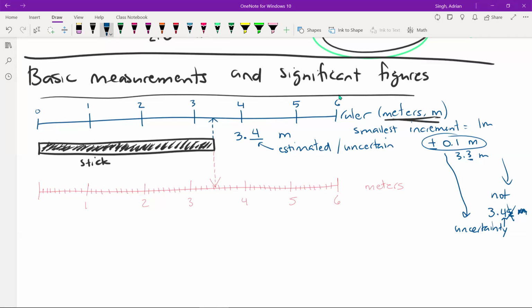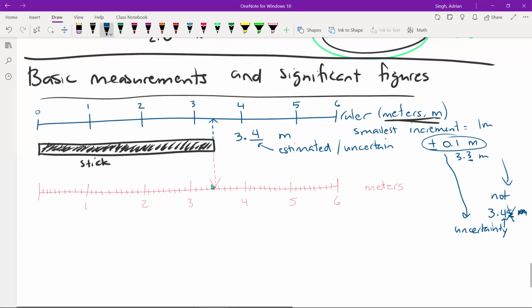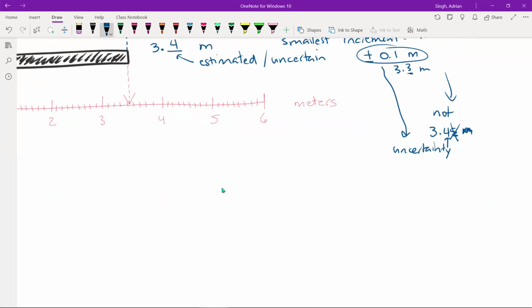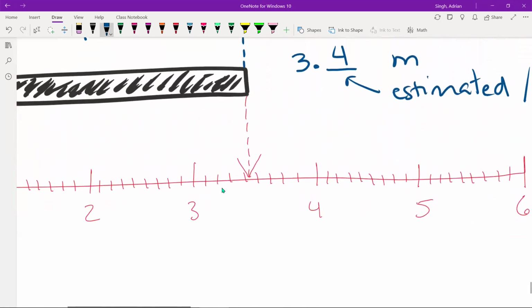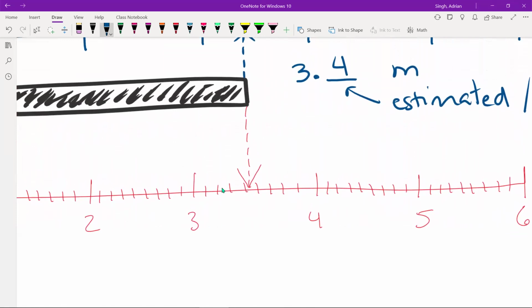So let's say instead we were to use a different ruler to measure the length of that stick. And we're using the red ruler now. We're going to zoom in here. And what we can see if we use this ruler, now we actually have smaller graduation lines or closer graduation lines. Here, the smallest increment is not 1 meter, because yes, going from the 3 to the 4, there is 1 meter there, but we actually have smaller graduations between them.